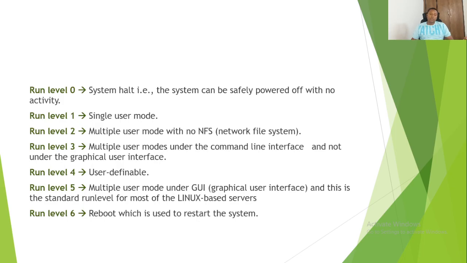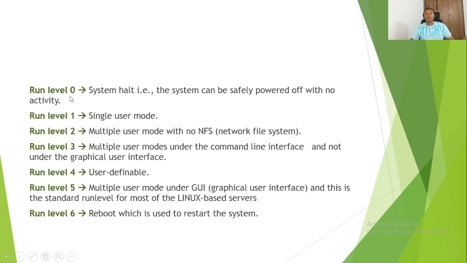So what is the first run level? That is called run level 0. It means halt, or you can simply say power off or shut down the system. If you set the default run level to 0, it will just shut down the system. What is the use of this?